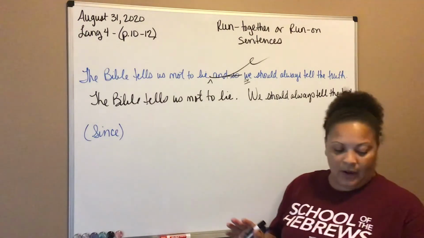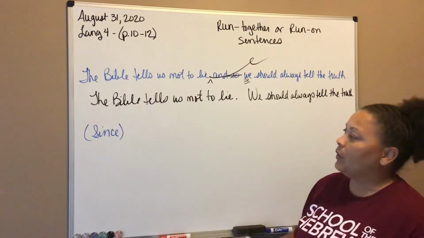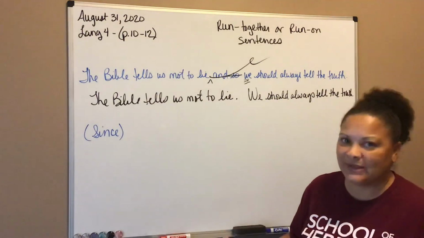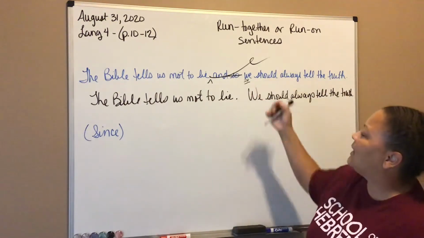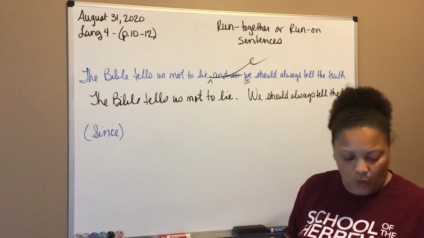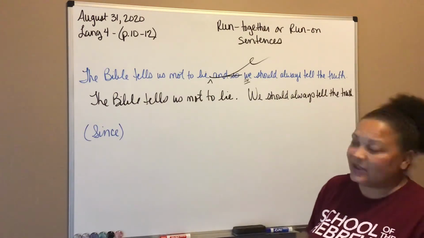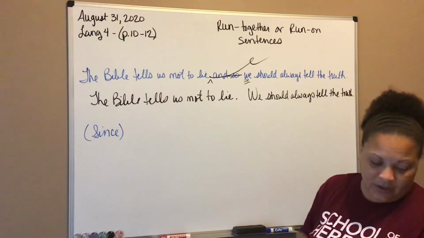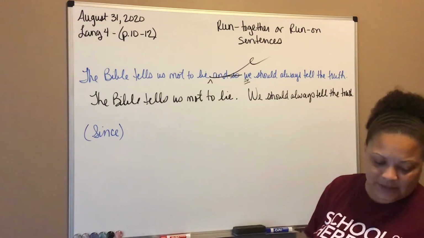So for page 11, we're going to add something to make a more well-written sentence. If we want to take out the and so, but kind of still have one good sentence. So another way to correct a run-on or run-together sentence is if it has related ideas.